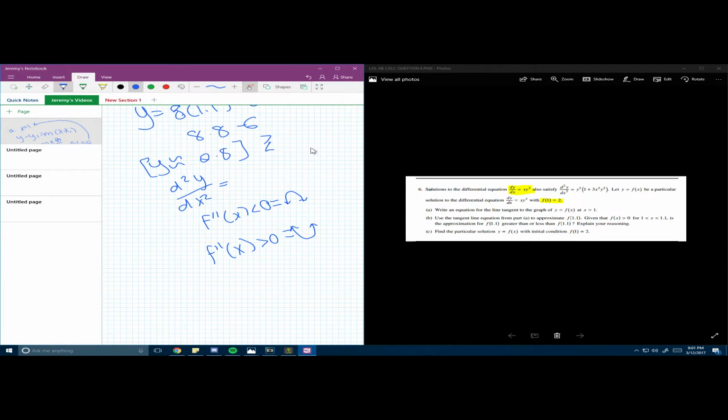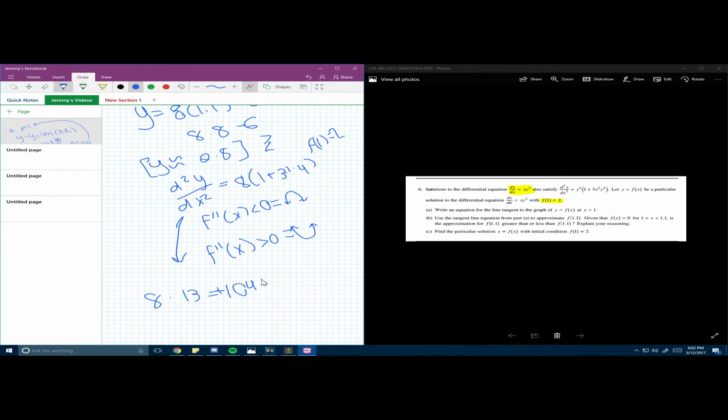Now when we plug in f of 1 is equal to 2 for the second derivative, we get 8 times (1 plus 3 times 1 times 4), as given in this picture. Alright, let's move that down here. This would just be 8 times 13, which equals 104.